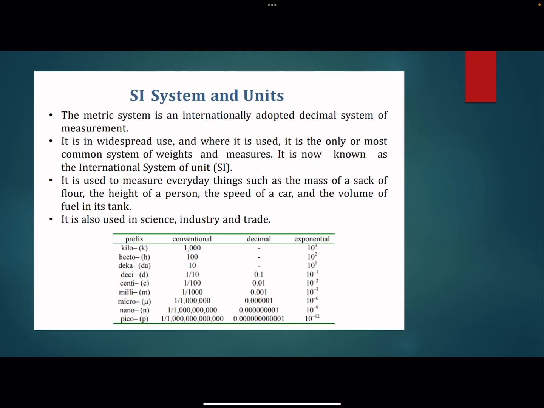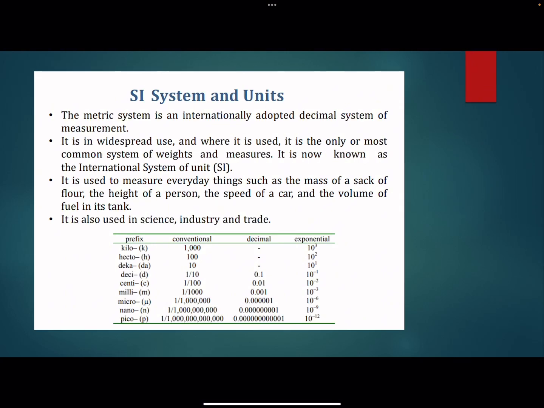Let's look at the SI system and units. The metric system is an internationally adopted decimal system of measurement. It is in widespread use, and where it is used, it's the only or most common system of weights and measurements.